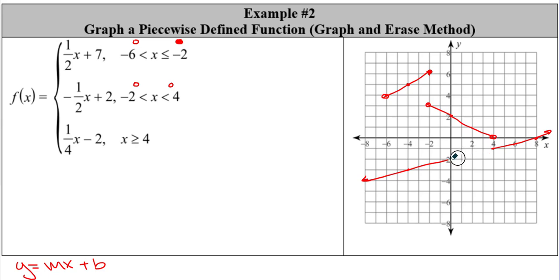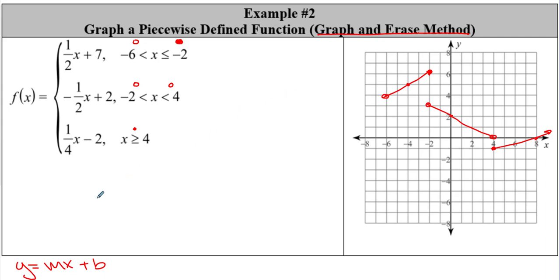I am erasing everything before that. I also have a solid dot right here, so I'm going to use a solid dot. So boom, I got my piecewise function graphed. Remember, I do not have two solids directly lined up vertically, so I am good to go. This graph looks good. This is how we can do the graph and erase.